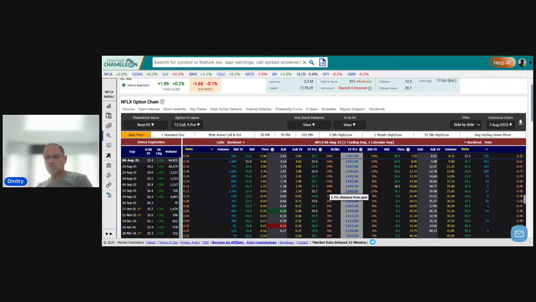Your delta, the sensitivity of the option for a dollar move, will change based on where the stock is relative to the strike. What if the stock goes all the way down? Well, if the stock goes down a lot, this option will start going towards zero. So the delta of it won't be 12 forever, right?